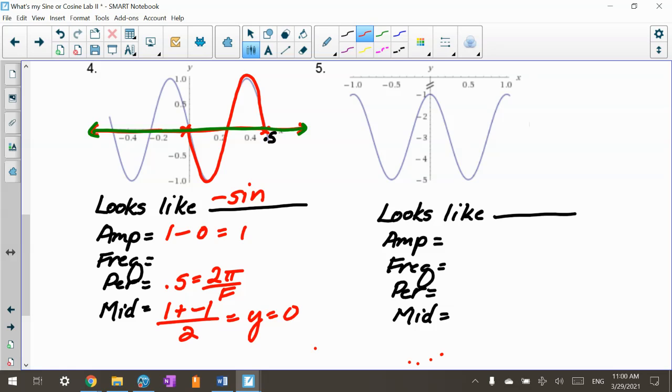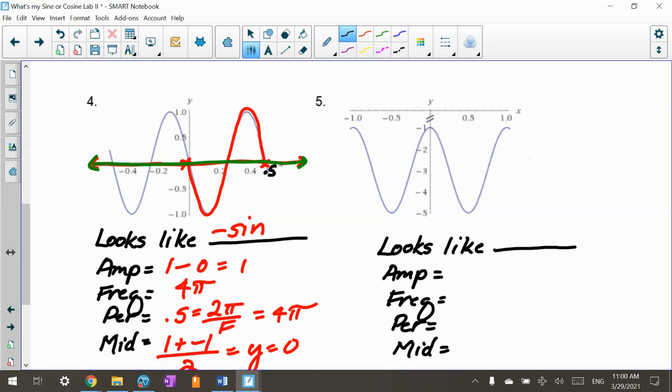I don't know what I was thinking. 2 pi over a half is 4 pi, and that's my frequency. So when I find this equation, I get y equals negative sine 4 pi x. And that's it, because the midline's y equals 0. Well, that's nice.